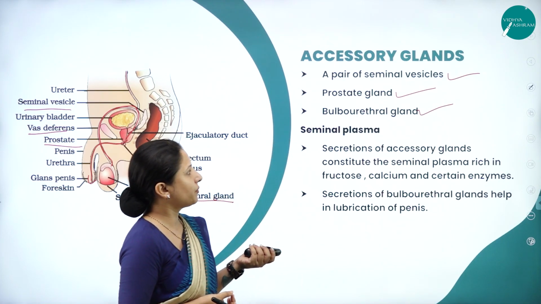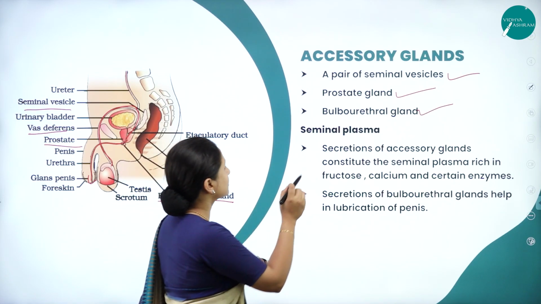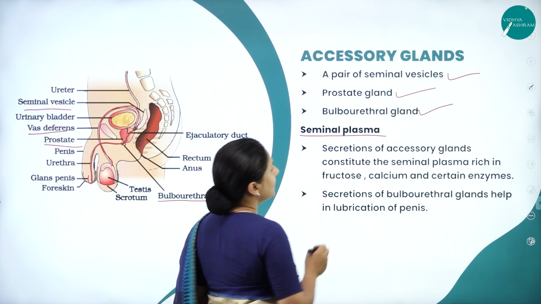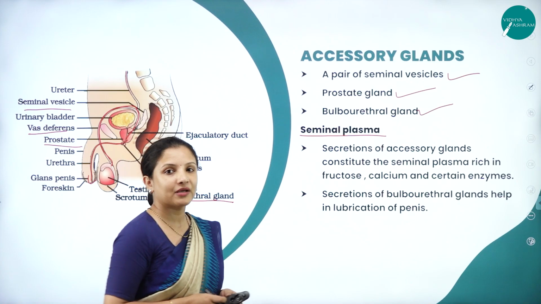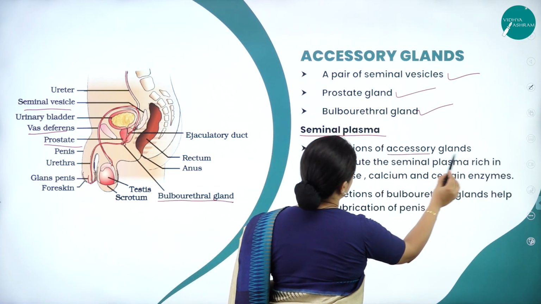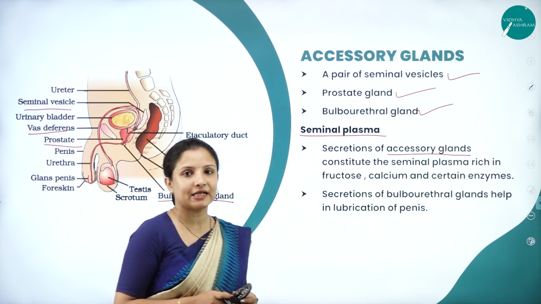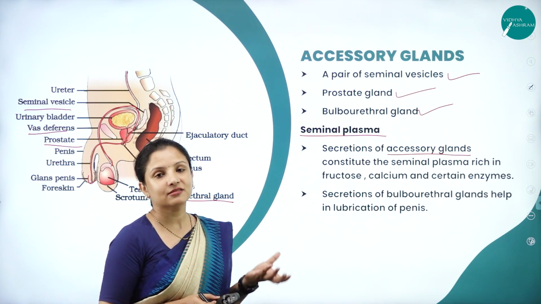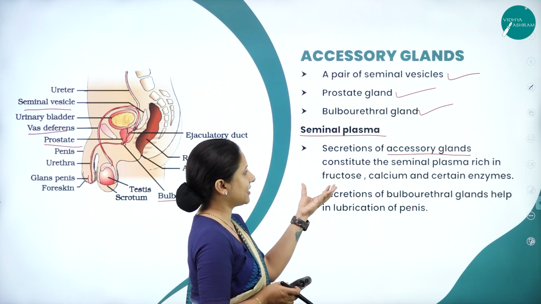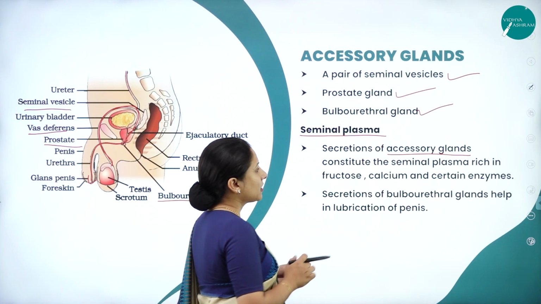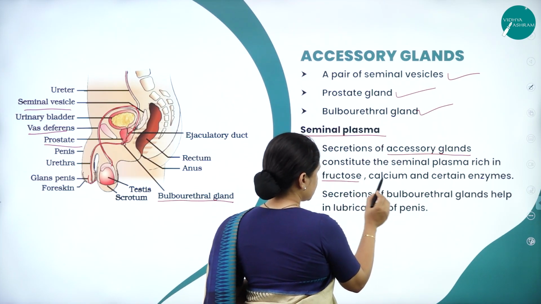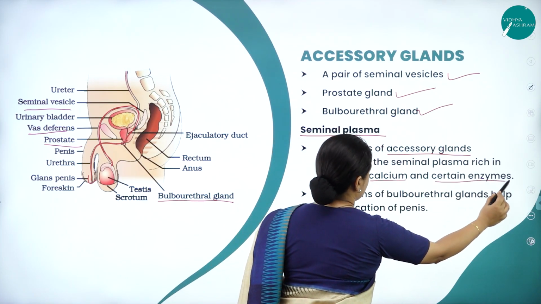Next, there is one more small topic which is important. It is called seminal plasma. Seminal plasma is nothing but the secretions of the accessory glands. Which glands? The prostate gland and the bulbourethral gland. Their secretions are called seminal plasma and they are rich in fructose, calcium and certain enzymes.